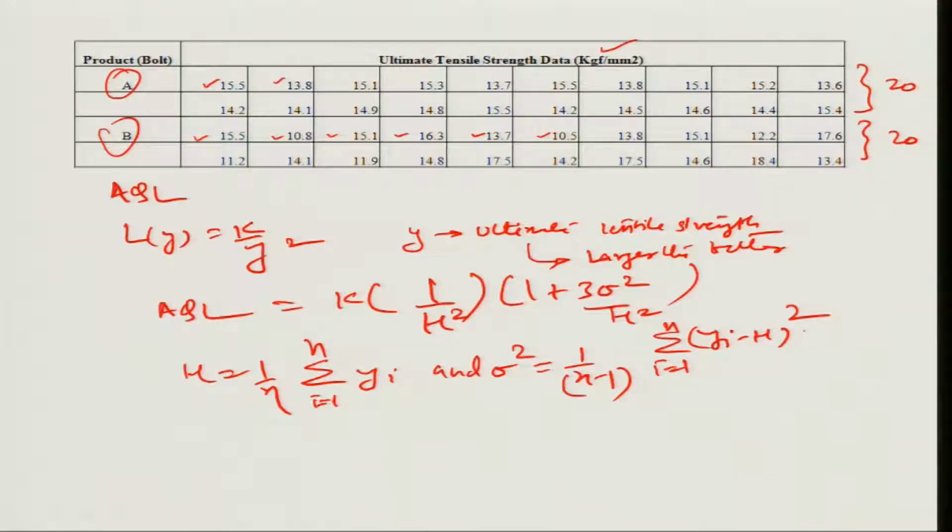Having said that, if I wanted to look at this table and see the process mean for A, let that be μA, and the process mean for B, let that be μB, and similarly the standard deviations for A and B be σA and σB. From first principles, using these formulations, if you calculate from these 20 samples of each type, you get the process mean for A as 14.66 kg per millimeter square, and σA, the standard deviation of distribution A, as 0.656.